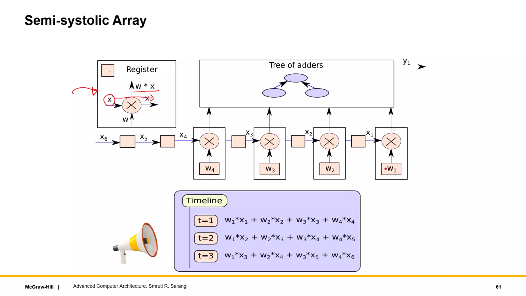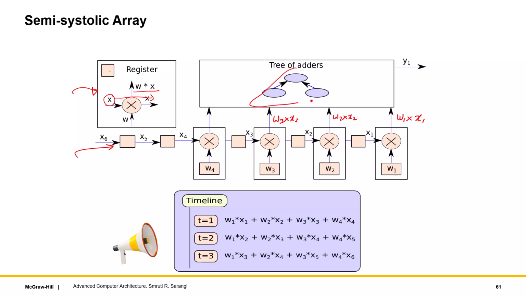So if you see, the values keep flowing in from the left hand side towards the right. The moment x1 approaches, all that we do is we multiply, send w1 times x1 over here, w3 times x3 over here, this over here, so on and so forth.